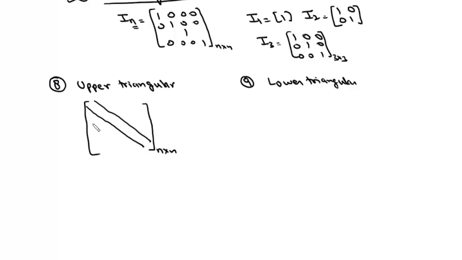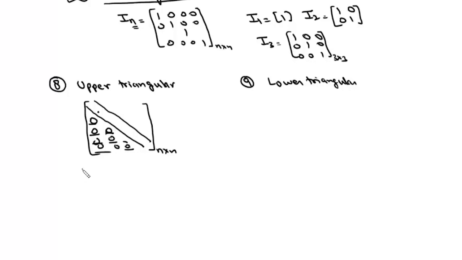If in the matrix all the elements below the diagonal are 0, then we say it is an upper triangular matrix. It may have non-zero entries in the diagonal and elements above the diagonal. Each and every element below the diagonal must be 0.